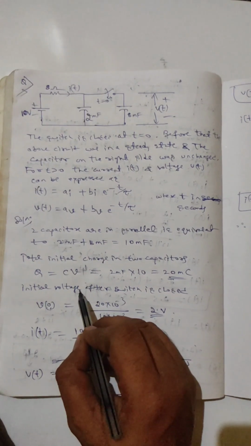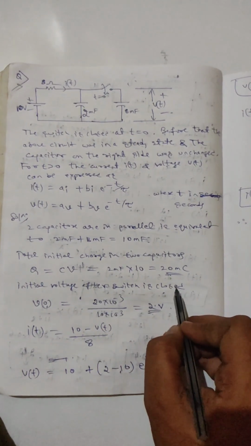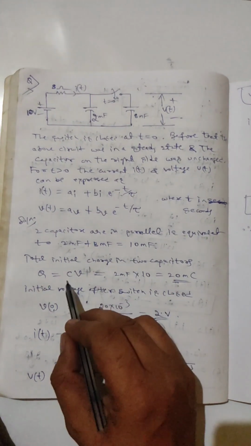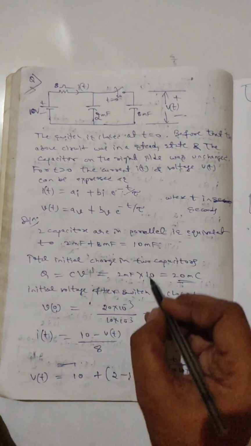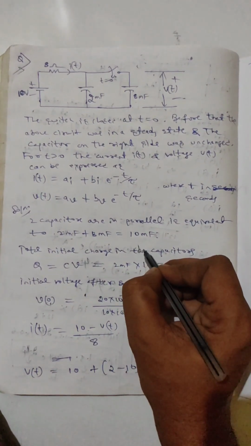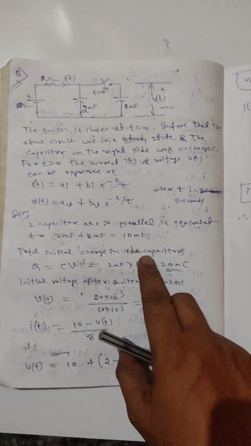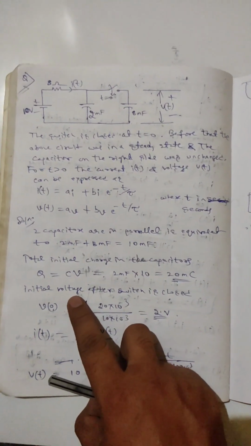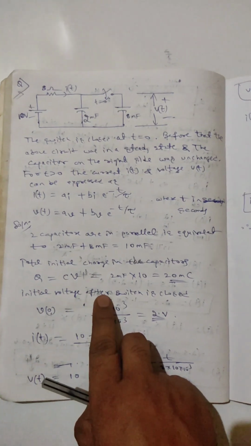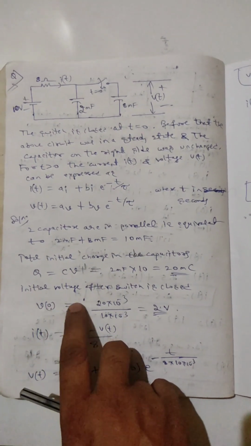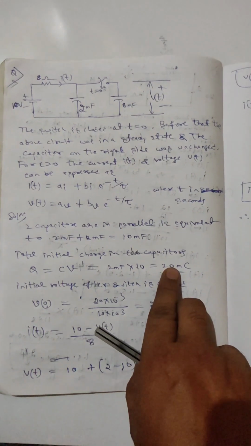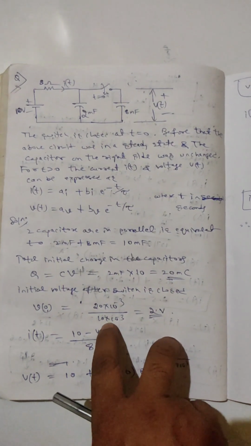Now, the initial voltage after the switch is closed. The initial charge means before the switch was closed, and it is this much only, in that capacitor. But when the switch is closed, the initial voltage is given as V of 0 equals charge by capacitance.